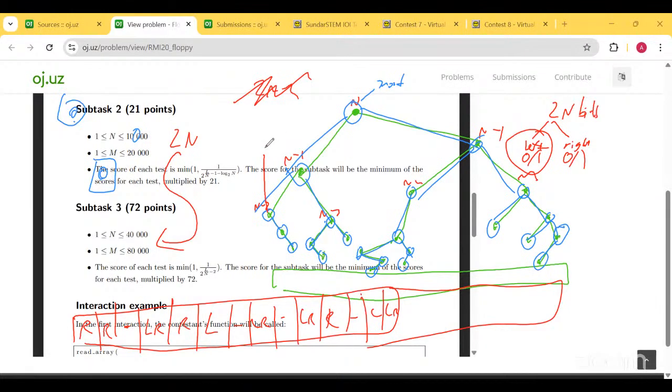This one. What if this is the left child? Is it correct? Wait, what if the tree is like this? Is the information the same? It's only right. This left and right. This is left and right. Wait.